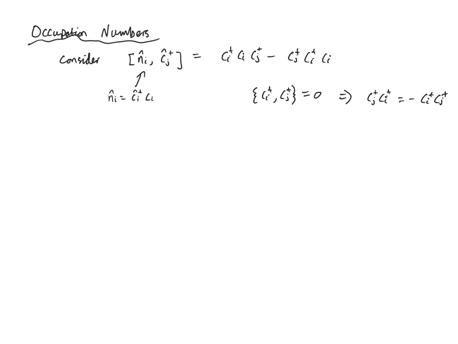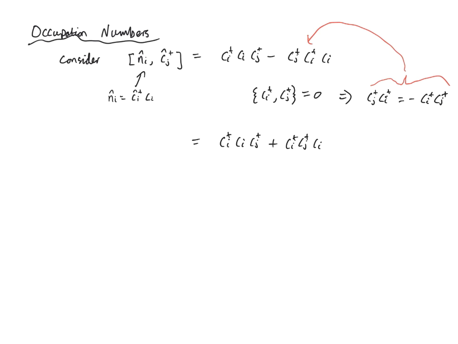So we can use this relation to swap the order of Cj dagger and Ci. And that gives us, let's write out the first term again, Ci dagger Ci Cj dagger. And then I'm going to swap the order of those two terms, which gives me Ci dagger Cj dagger Ci.